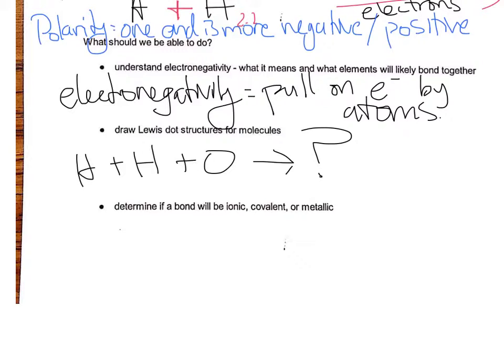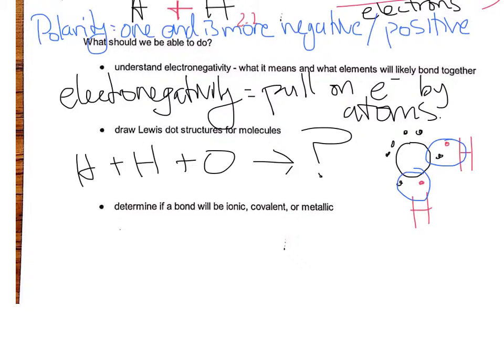Draw Lewis dot structures, and so for example, the Lewis dot structure for H2O, water, would be: we have 1, 2, 3, 4, 5, 6 valence electrons for oxygen, and 1 for hydrogen, and 1 for hydrogen. These two are shared between the oxygen and hydrogen.